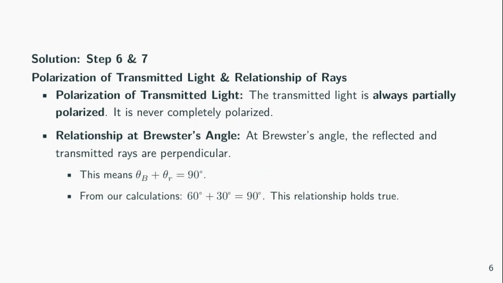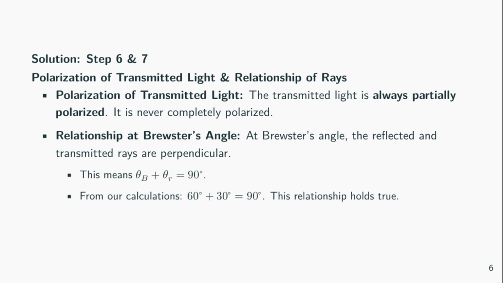Let's talk about the polarization of the transmitted light and check that special relationship at Brewster's angle. The transmitted light is always partially polarized. It doesn't become completely polarized like the reflected light does at Brewster's angle. This is an important distinction. Now remember, we said that at Brewster's angle, the reflected ray and the transmitted ray are perpendicular. Let's check if our calculated angles hold up.